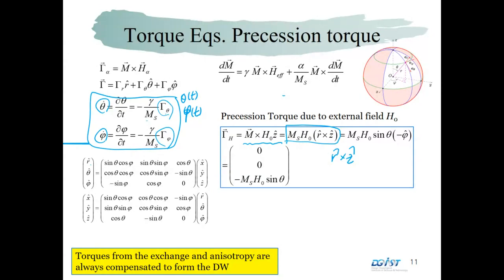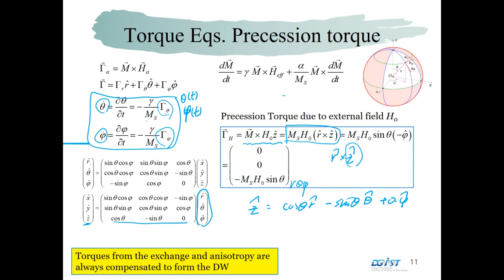This expression is generally not that easy, because we want to write it in the spherical coordinate system. So we have to change the z vector to the spherical coordinate system here. The z vector is from this relation, the unit vector is this form.